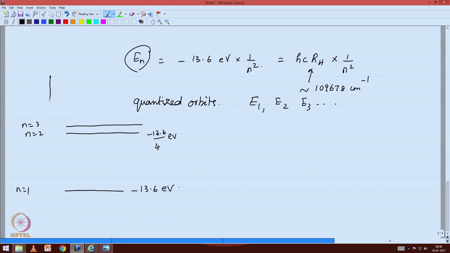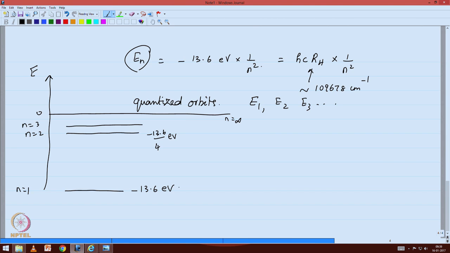So if this is the increasing scale of energy, you can see that at some point the energy reaches 0. This is the 0, and for this, n equal to infinity. Therefore, the energy levels are such that the lowest energy level is minus 13.6 electron volts, and the next one is 1/4 of that, and the next one is 1/9 of that, and so on.